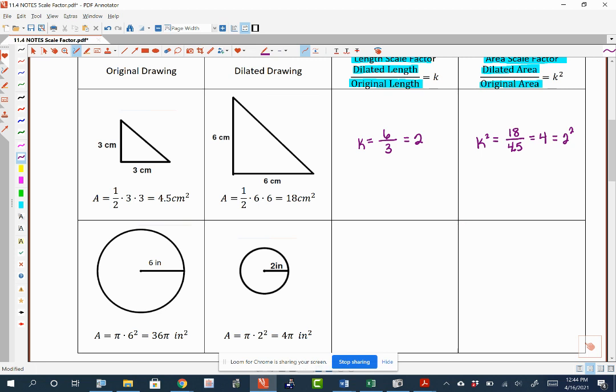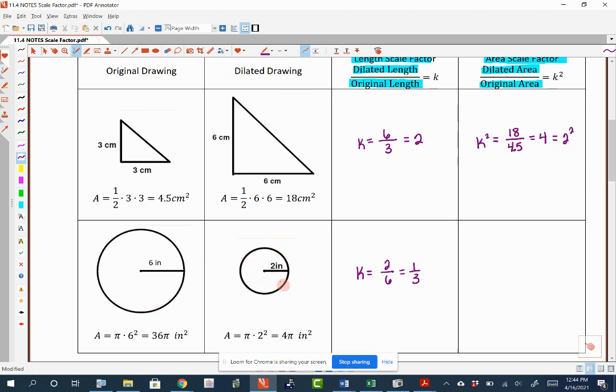If we look at the length of circles, in this case we're really just looking at a radius. To find our scale factor here, we take our dilated, which this time is smaller, as compared to our original 6. So this circle, if we multiply by 1/3, we would get 2.